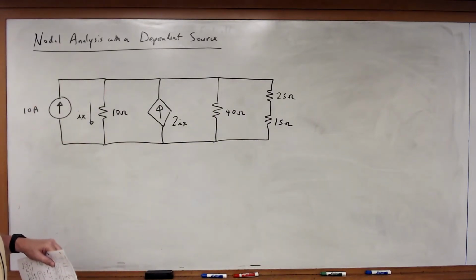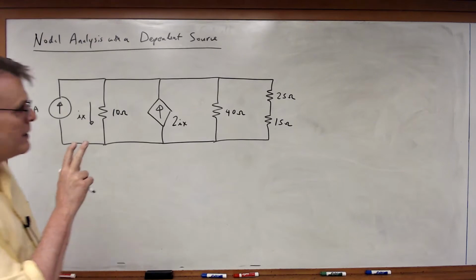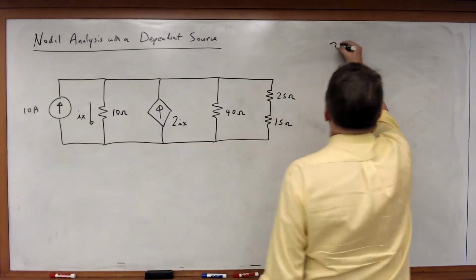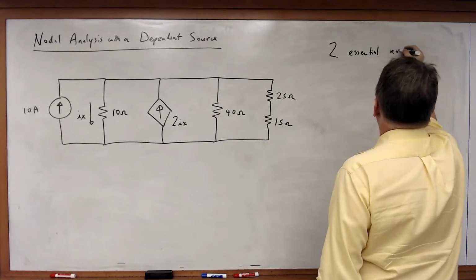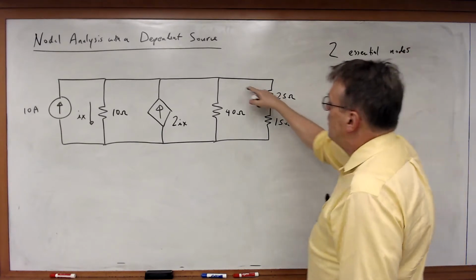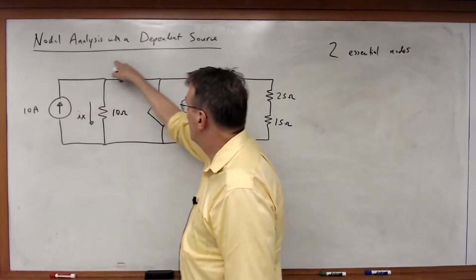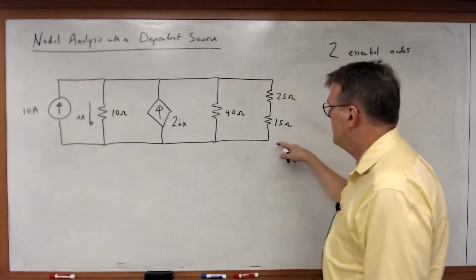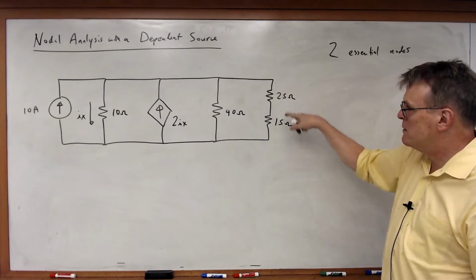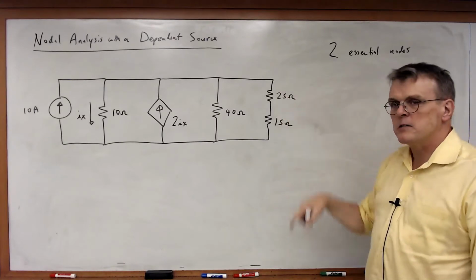And if we look at this, there are really only two essential nodes. The node along the top, the node along the bottom, and the only other node is the node between those two resistors, but that's a non-essential node.